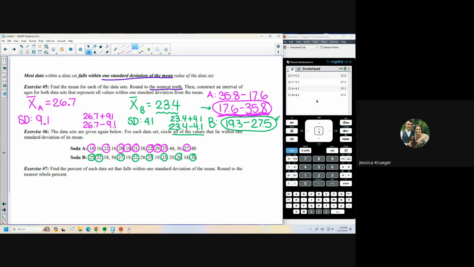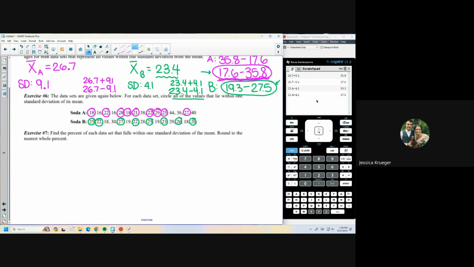So they say find the percent of each data set that falls within one standard deviation. So 1, 2, 3, 4, 5, 6, 7, 8, 9. 9 out of 15 for soda A. Don't forget to multiply by 100 to get the percent. And what I get is 60.